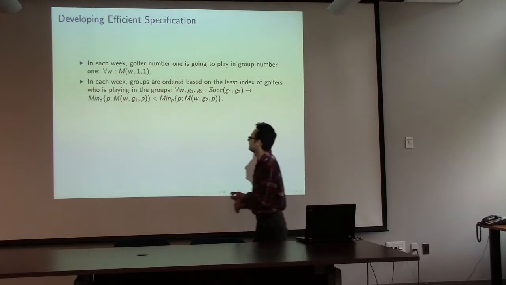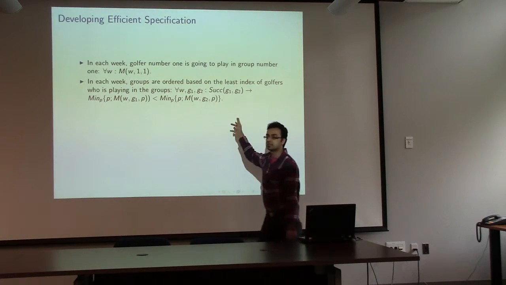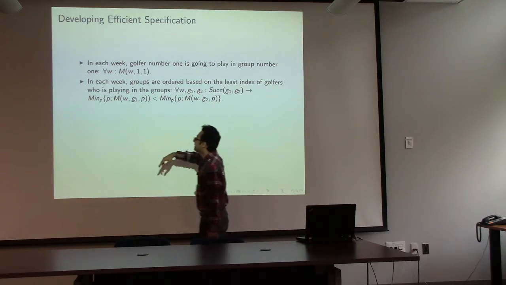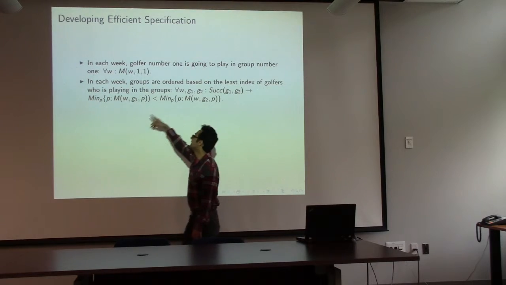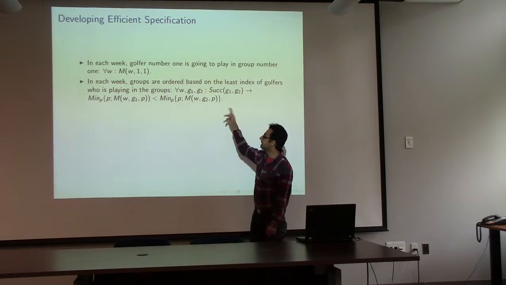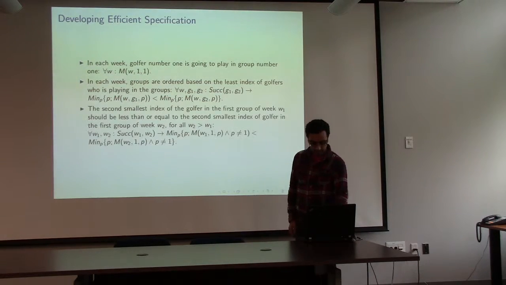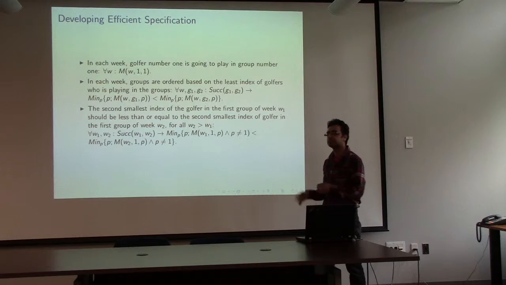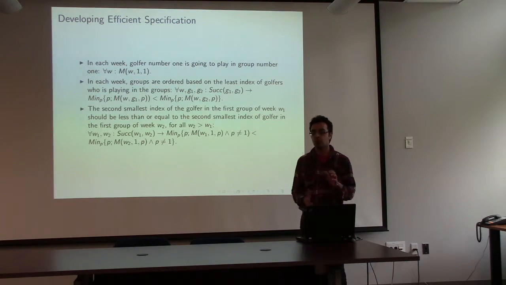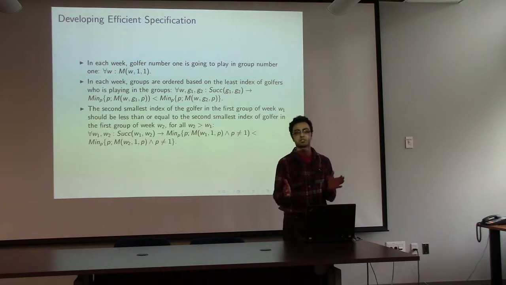Here I'm saying that if group 1 is less than group 2, then the minimum golfer playing in group 1 should be less than the minimum player playing in group 2. And we can assert something similar about the second smallest player in the group. By using this approach, we can break lots of symmetries and make the search space much smaller.